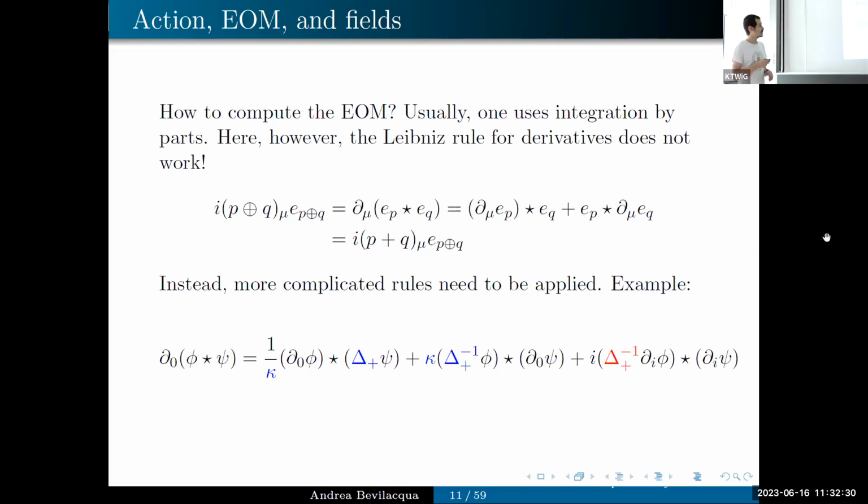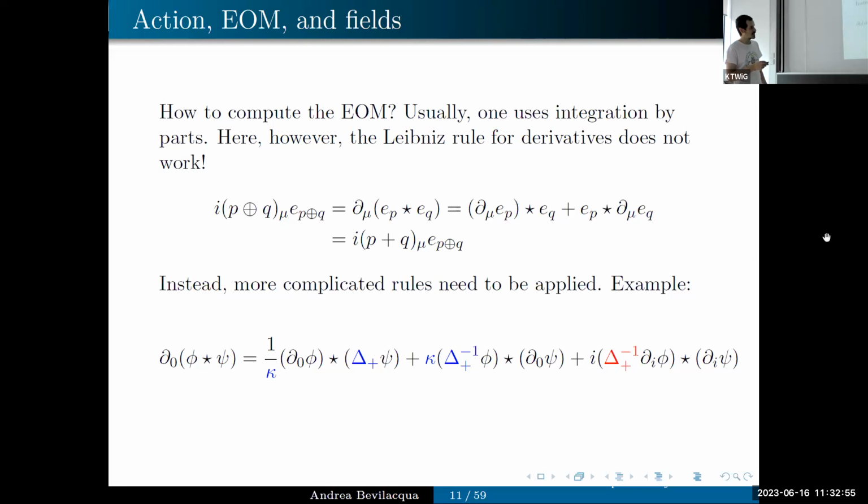Why? Because you can show it immediately from this. So let's take this object over here. So this is i times the sum of momenta times, this is a canonical plane wave, remember. So this is just a derivative acting on this wave. And this wave is a star product of two waves. Now, if the derivative actually satisfies the Leibniz rule, then this is equal to this plus this, of course.